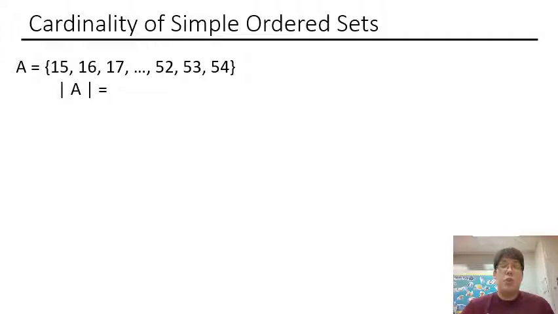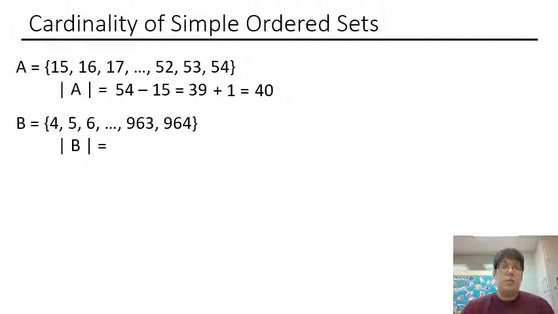So I'm going to try to apply my formula. So we are going to look at 54 minus 15. So that's the last number minus the first number, and I get 39. And remember what we had to do to get the cardinality of the set? We have to add 1. So actually the cardinality of this set is 40.